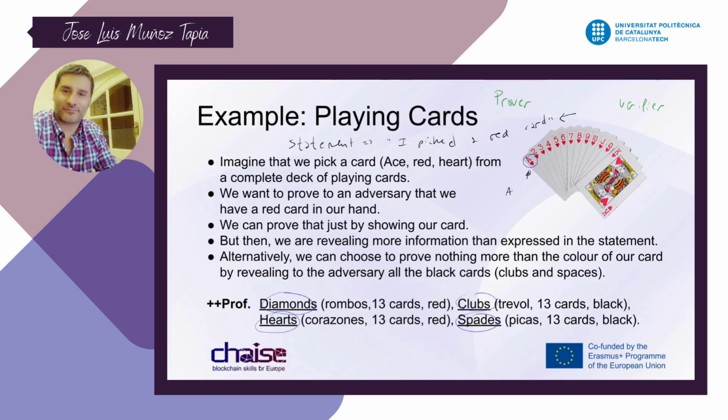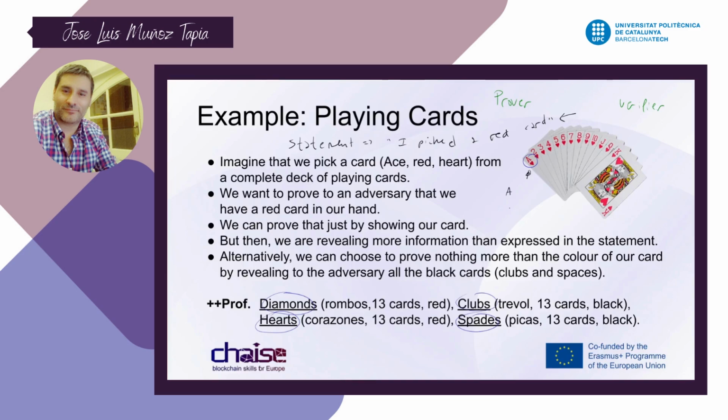In this case, that it is the ace. So this is not a zero knowledge way of proving that a card is red. So how can we do it in zero knowledge? Well, I can give you the deck with all the cards and show you, for example, all the black cards.